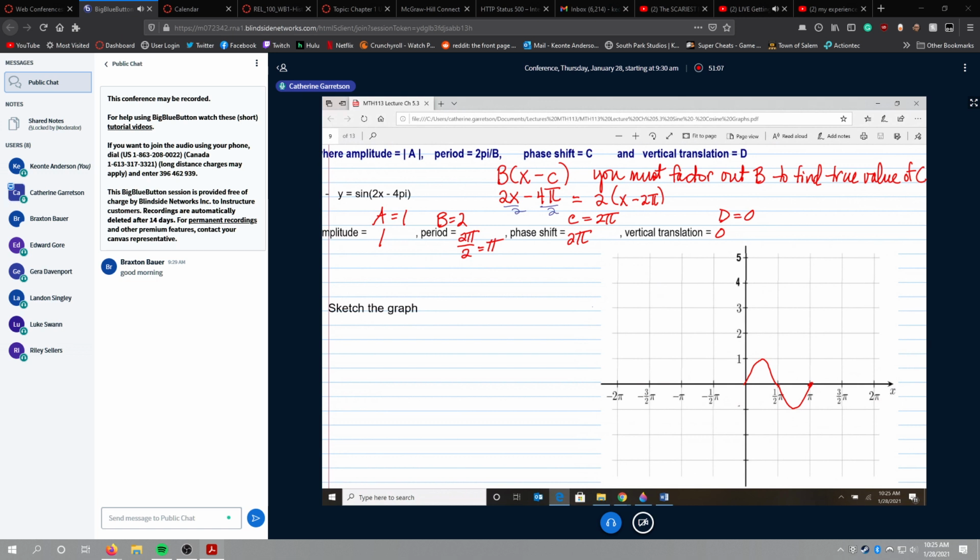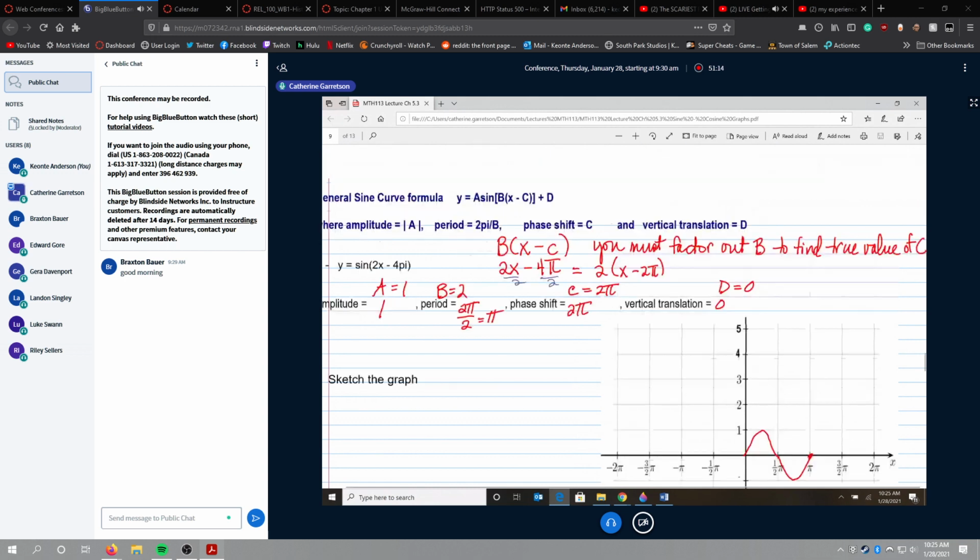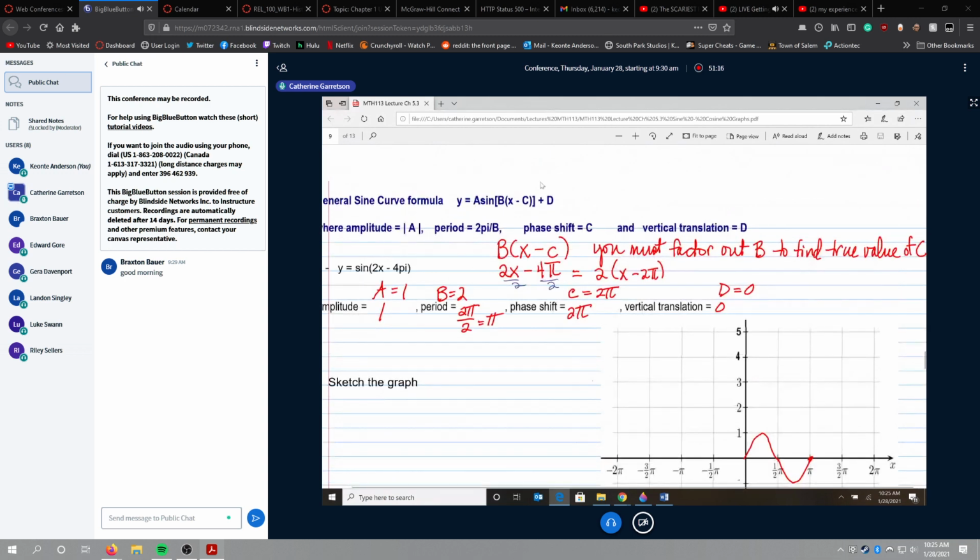Yes, ma'am? How did you get the 2 pi for the phase shift? The question is, how did I get 2 pi for the phase shift? Inside the parentheses where the angle is, it was 2x minus 4 pi. I have to factor out the coefficient to figure out what's the true phase shift. It wouldn't have been 4 pi.